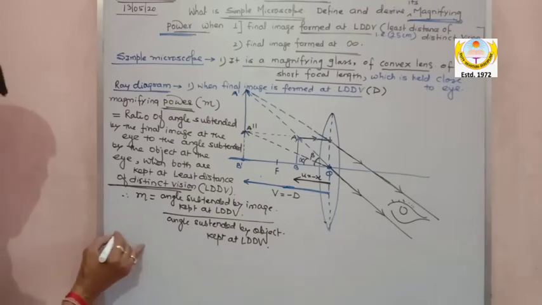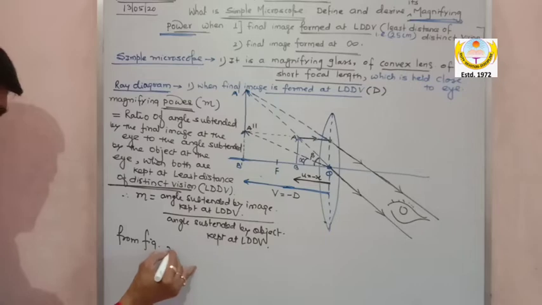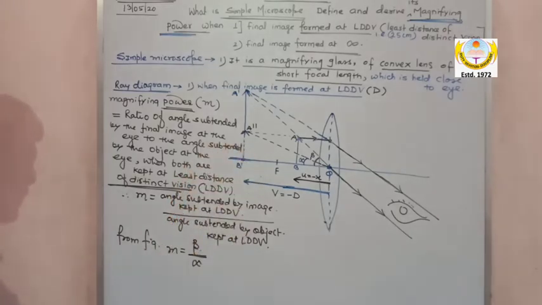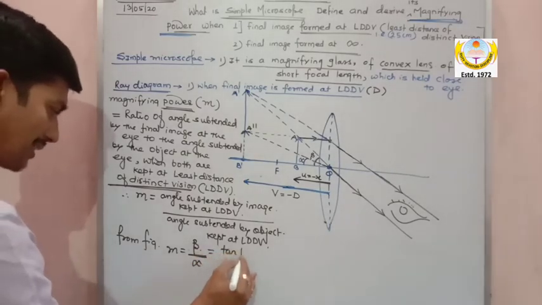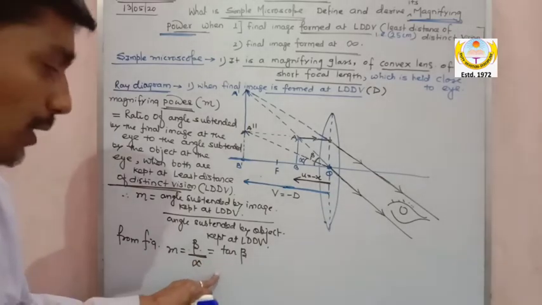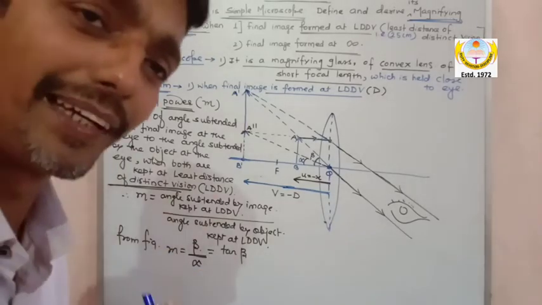Now from the figure, small m is equal to tan beta by tan alpha, where the angle subtended by the image is beta and the angle subtended by the object is alpha. If beta and alpha are very small angles, then tan beta can be written as beta.